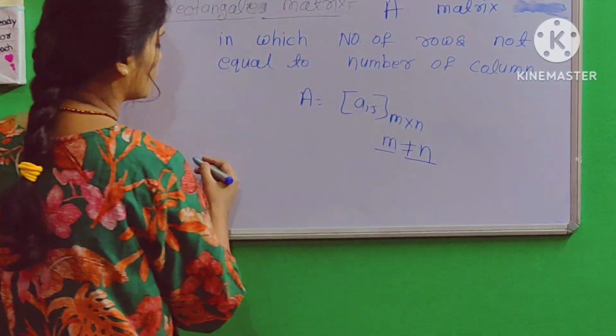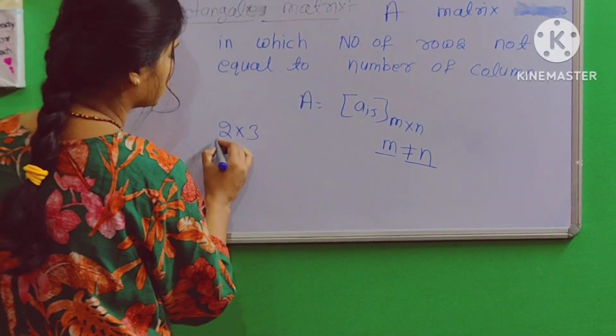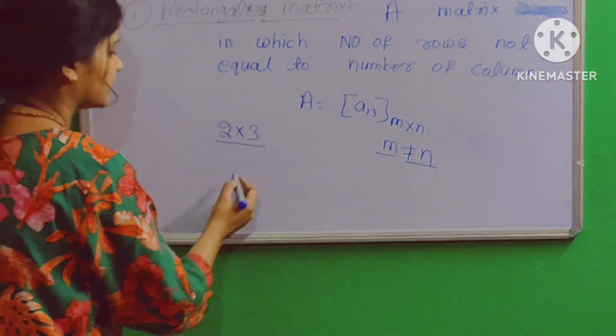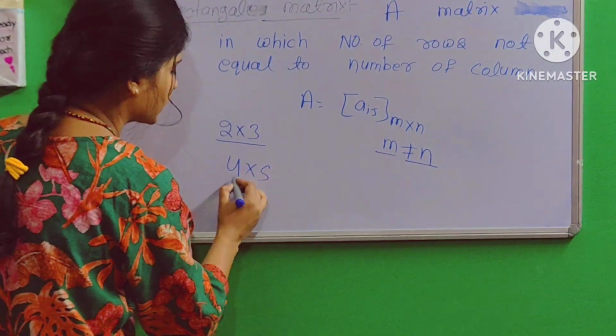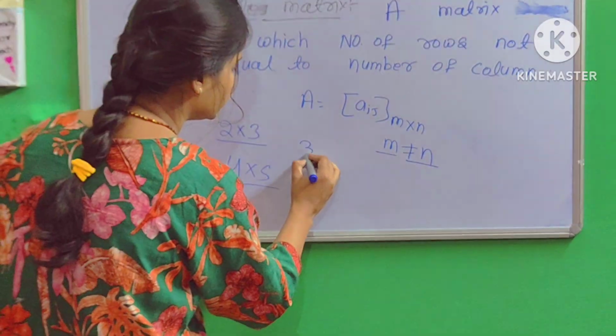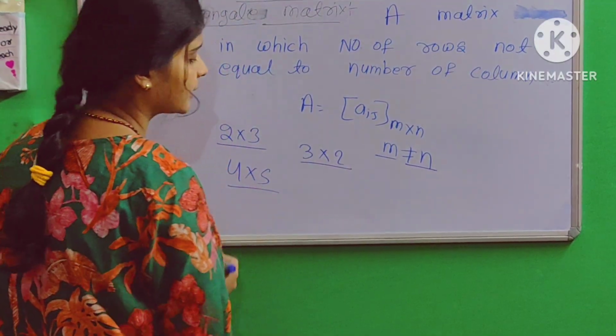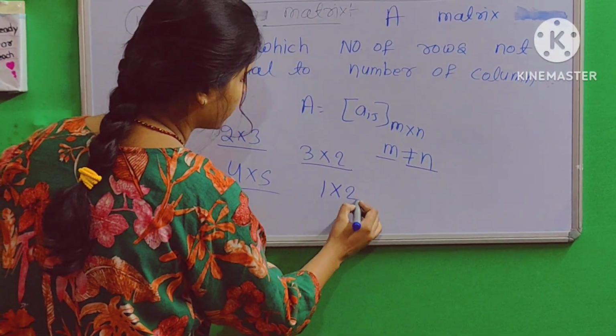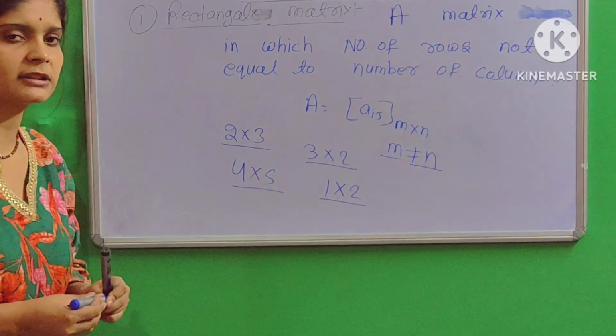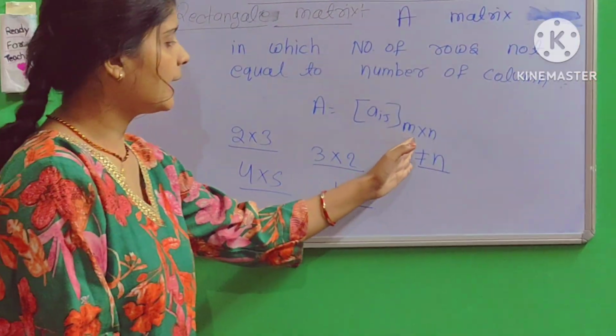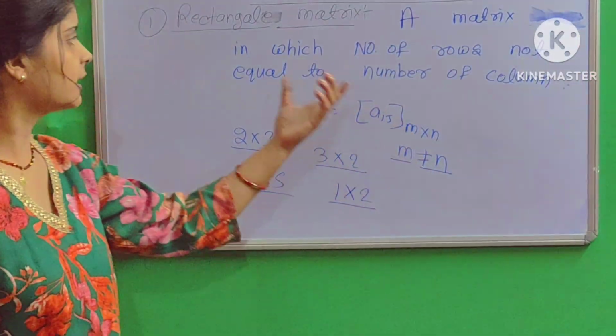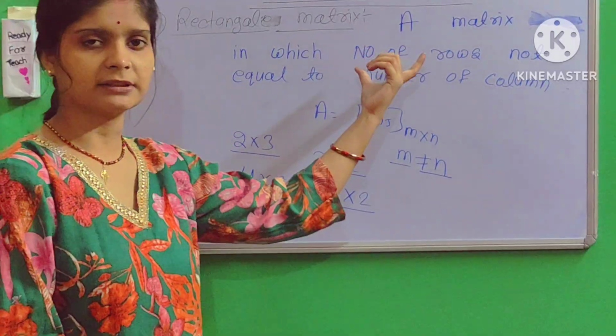Suppose a 2 cross 3 matrix is a rectangular matrix. A 4 cross 5 matrix is a rectangular matrix. A 3 cross 2 matrix is a rectangular matrix. A 1 cross 2 matrix is a rectangular matrix. It means m does not equal n. Then we can say this is a rectangular matrix.